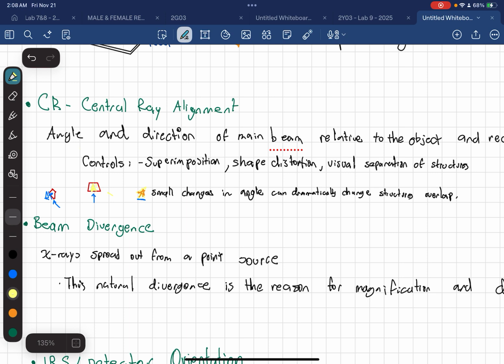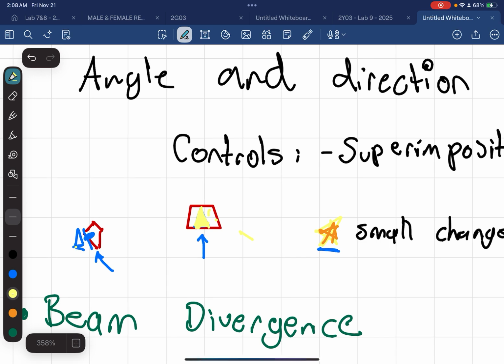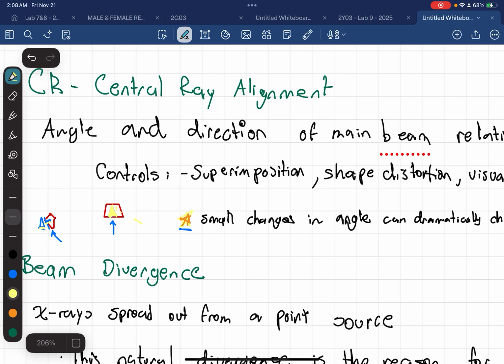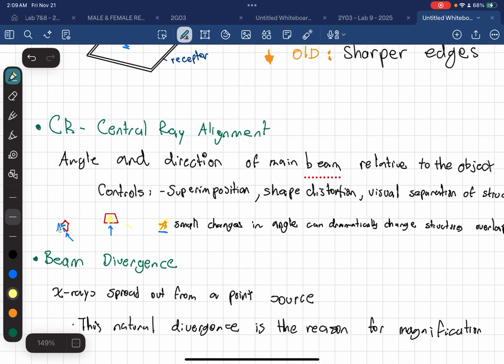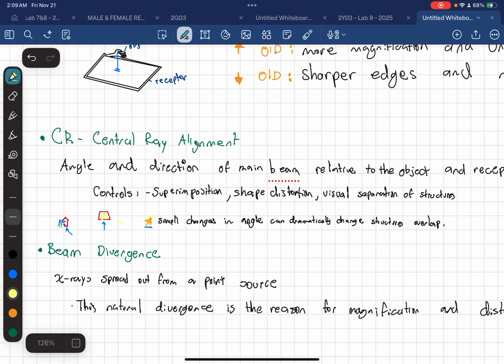If there is any angle to the CR, we're actually gonna see that there is a distance from the triangle to the other figure. So I put a star here so you know that this is gonna be talked about in part C of our lab. Small changes in angle can drastically change structure overlap. So part C is gonna be covering this.